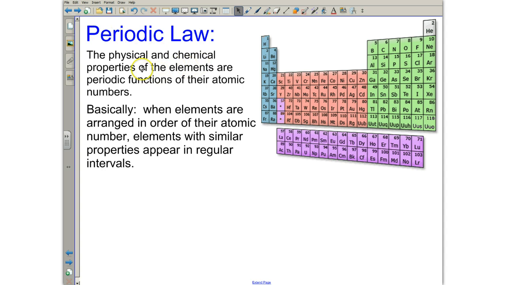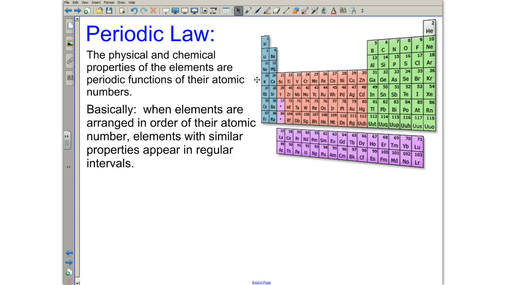Periodic law: the physical and chemical properties of the elements are periodic functions of their atomic numbers, which means that as you go from left to right across the periodic table, there's a specific pattern that emerges, particularly with valence electrons.